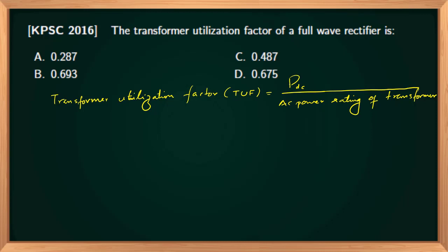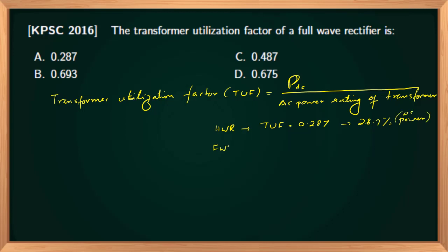So it is a measure of the rectifier's efficiency to produce output DC power as compared with the AC power available at the output of the transformer. Now for half wave rectifier, TUF equals 0.287. That means only 28.7% of power available at the transformer secondary is converted as DC power.